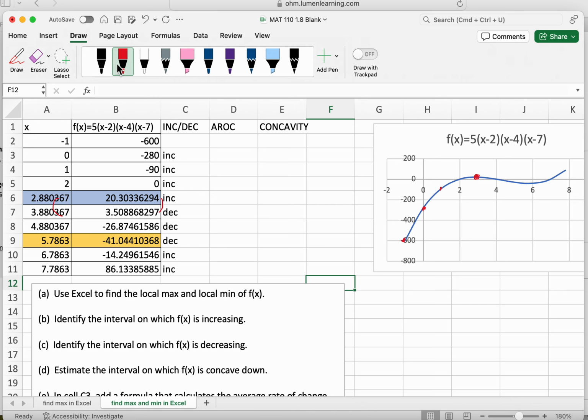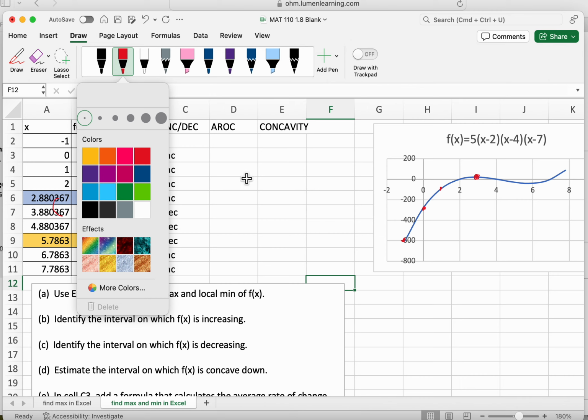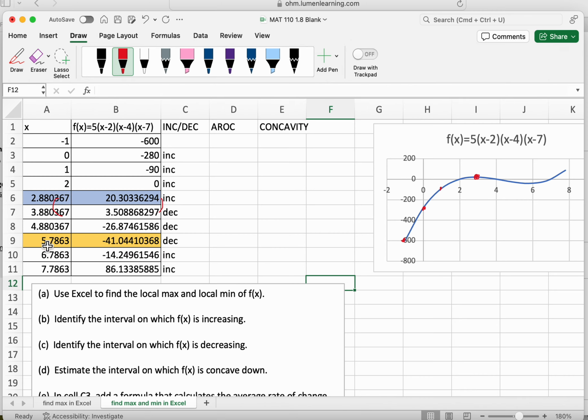So if I come over here, I can see when x equals 5.667, somewhere right here, my y value is negative 41.044. Okay.